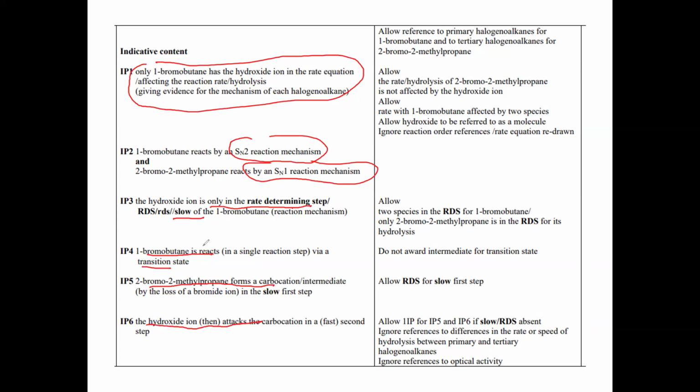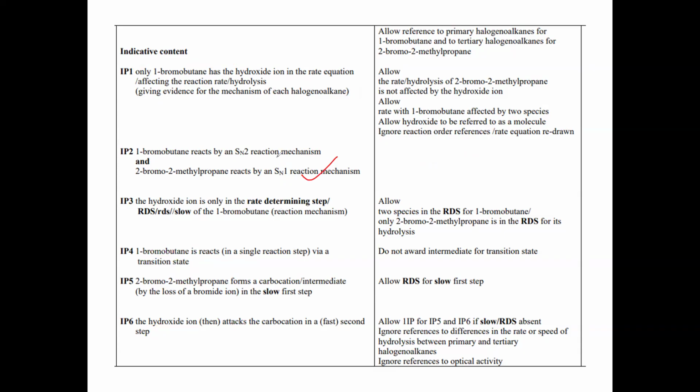If I draw that mechanism and explain it using words, then I get marks because I discuss what the SN1 mechanism is and what the SN2 mechanism is. I talk about the rate determining step, the slow step, and the transition state. 1-bromobutane reacts only through a transition state, but an intermediate carbocation is there in 2-bromo-2-methylpropane.